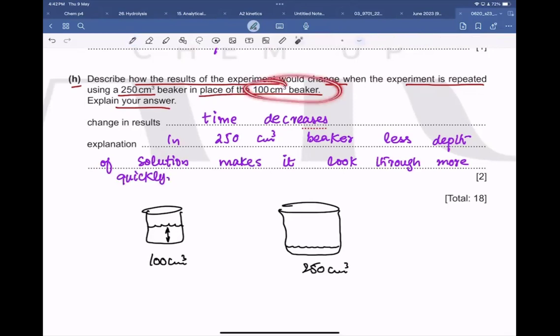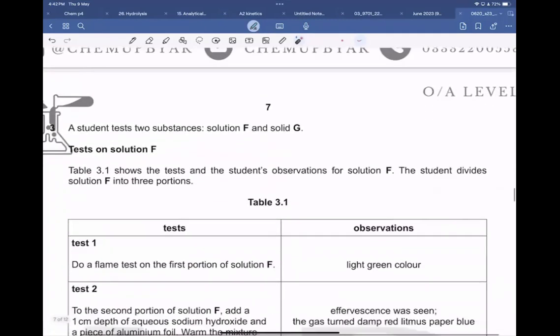If you see, we just changed the beaker. So when we use the 250 cm³ beaker, obviously its diameter is bigger. So the solution, which has more height in the 100 cm³ beaker, now spreads over a bigger region. As a result, it will be easy to look through it.